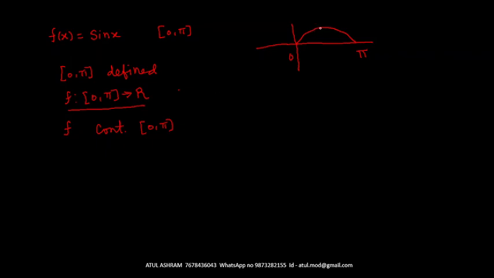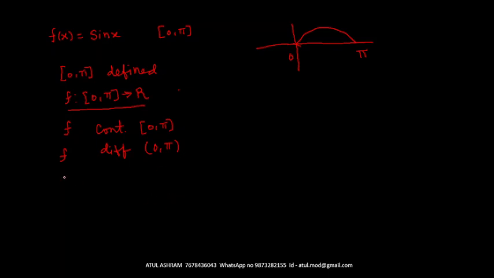At every point you can draw the tangent. Right? So it is differentiable in open interval (0, pi). So it is defined in closed interval [0, pi], continuous in closed interval [0, pi], and differentiable in open interval (0, pi).